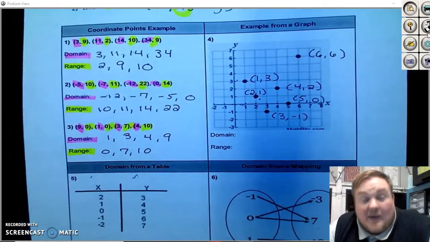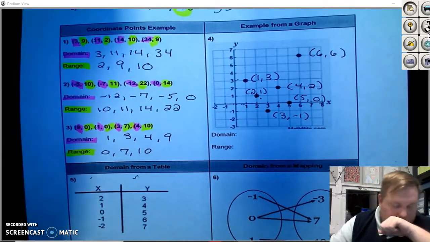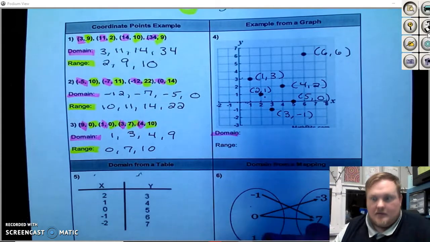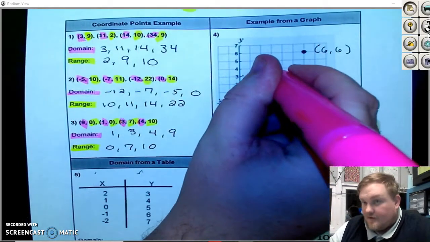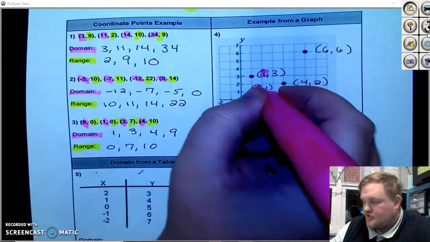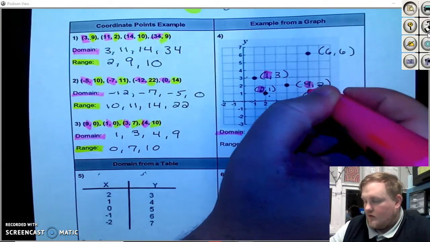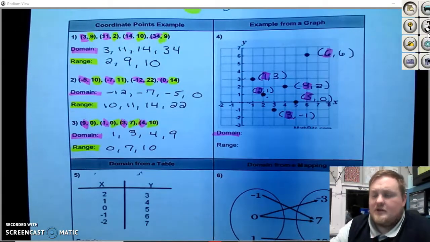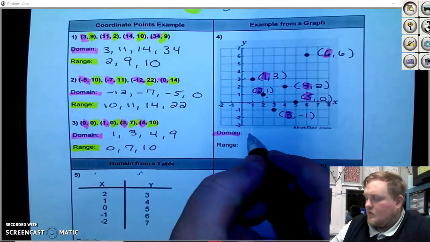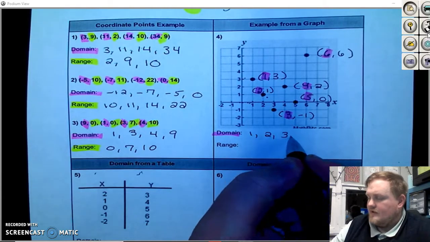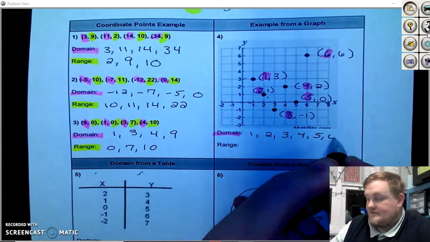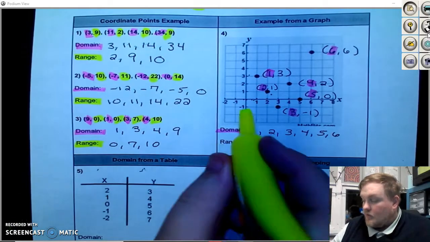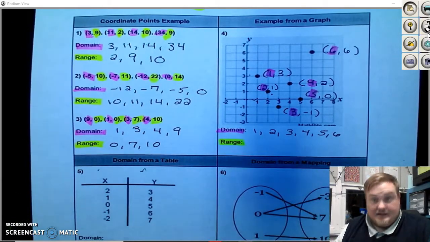Okay. Now I have something that I can work with. So remember, the domain are all your x's, the very first thing. So 1, 2, 3, 4, 5, 6. The very first number in your ordered set. Your range will include the second numbers.